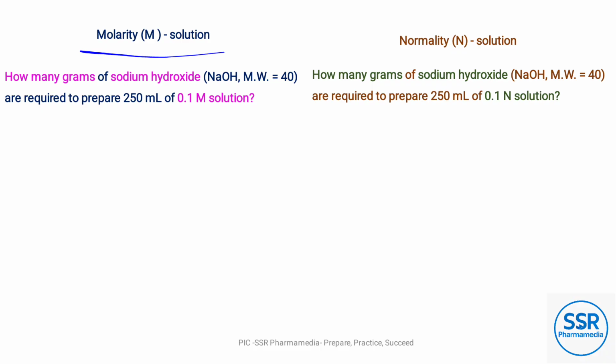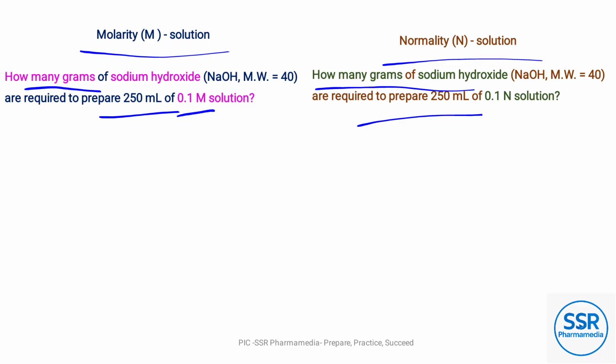You must know the difference between normality and molarity. Molarity means how many grams of sodium hydroxide are required to prepare 250 ml of 0.1 M solution. In normality, how many grams of sodium hydroxide are required to prepare 250 ml of 0.1 N solution.